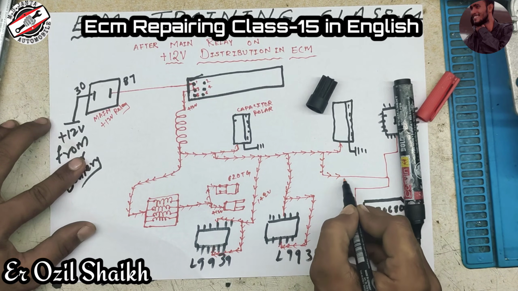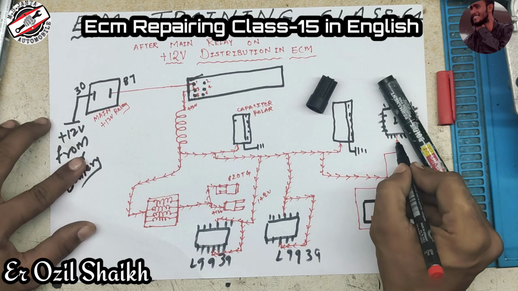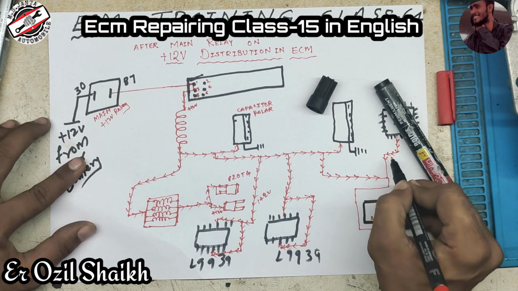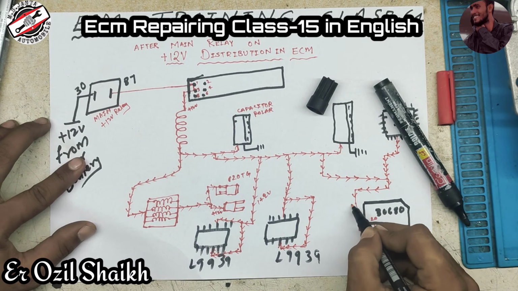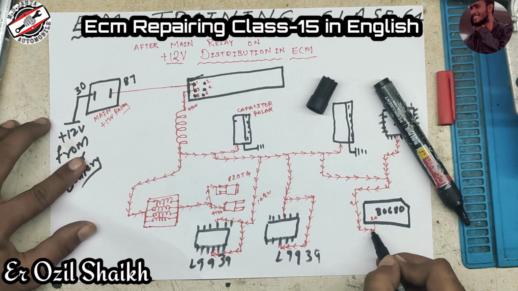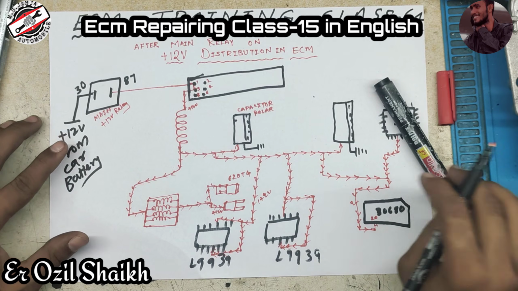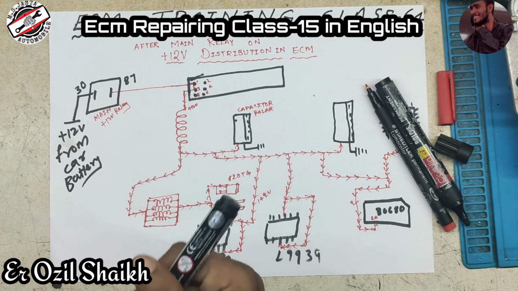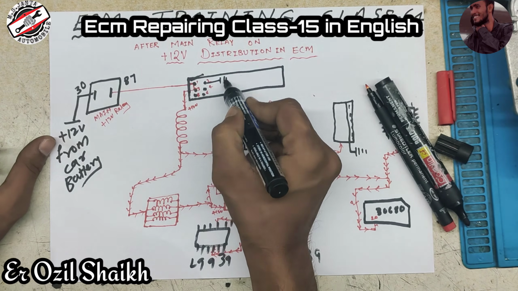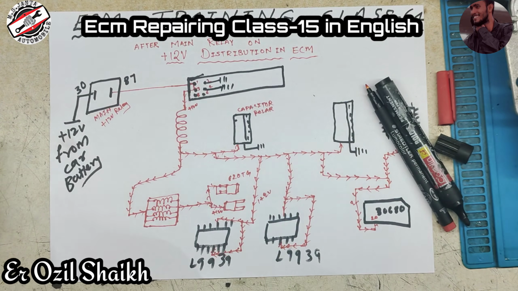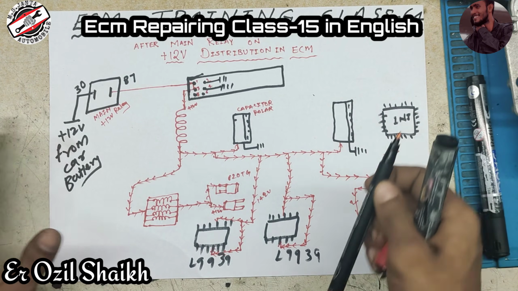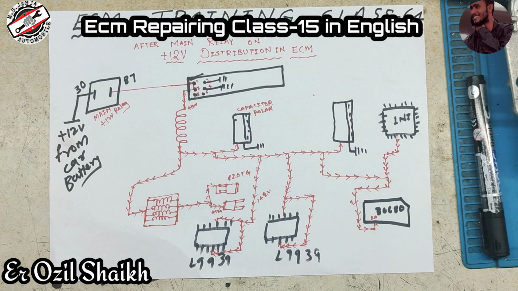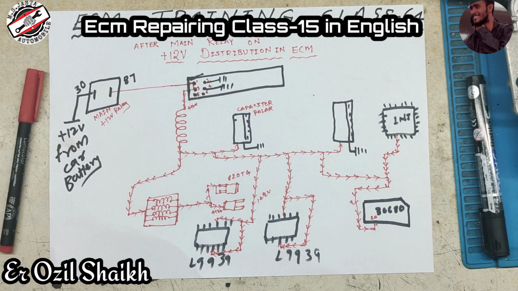So this is the procedure to understand. These are all 12 volt distribution. Okay, these are all 12 volts, no other voltage. This is only for 12 volts. By the way, after this video we will discuss the ADC 16C29 in detail, the injector section and all. And these pins are also ground, because every ECM has 6 big thick pins. Of those pins, half are used for 12 volts from the main relay and half for ground.